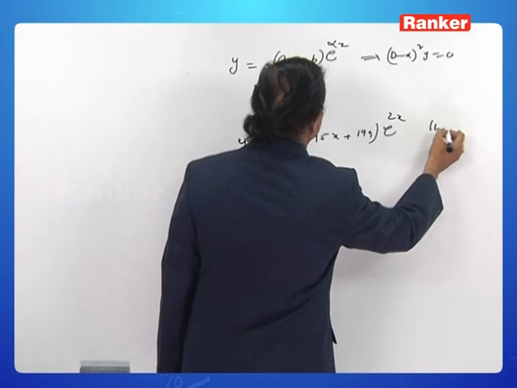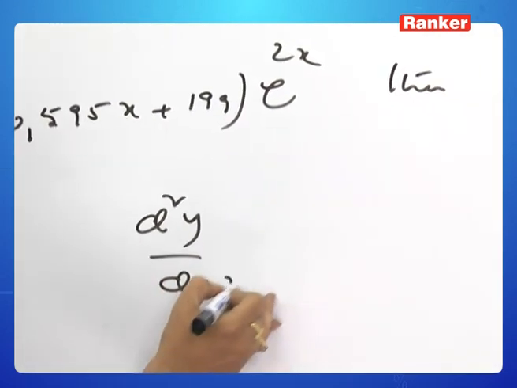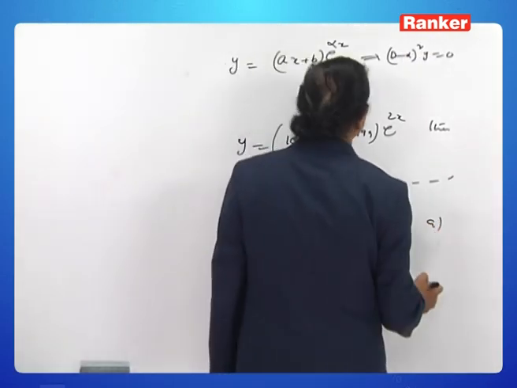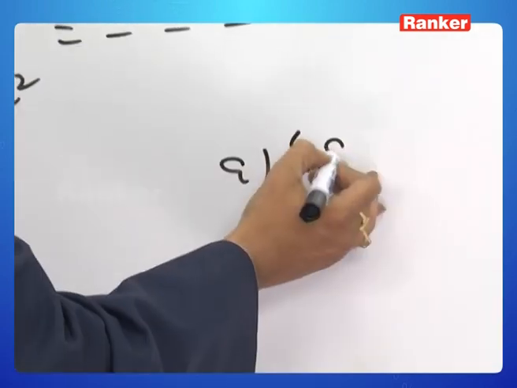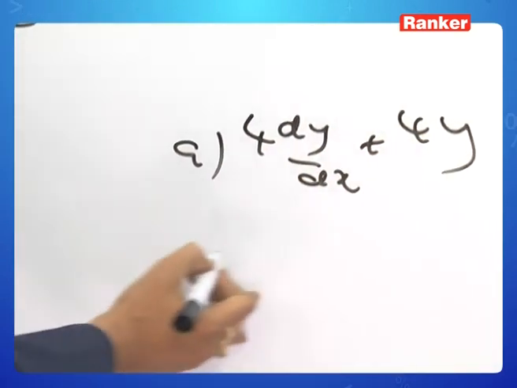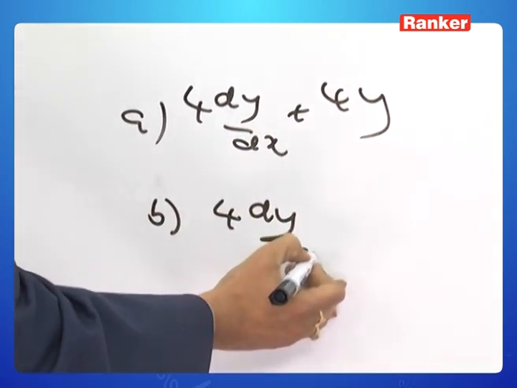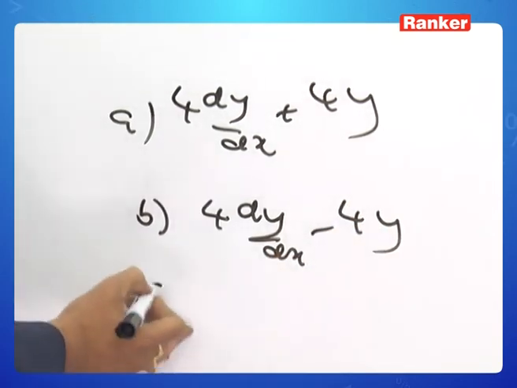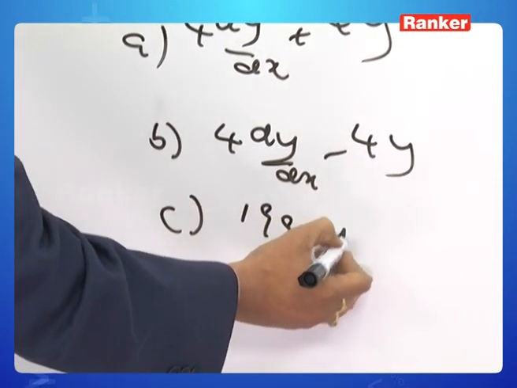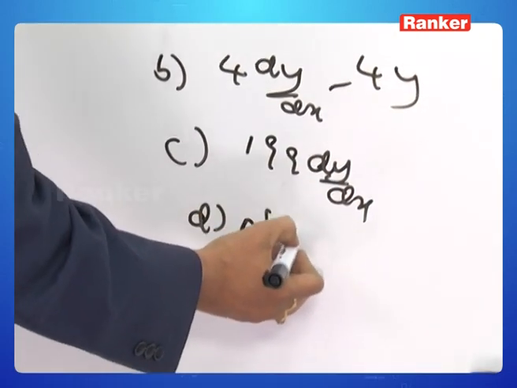Then d square y by dx square is equal to, first option, 4 dy by dx plus 4y. Second option, 4 dy by dx minus 4y. Third option, 199 dy by dx. Fourth option, none.